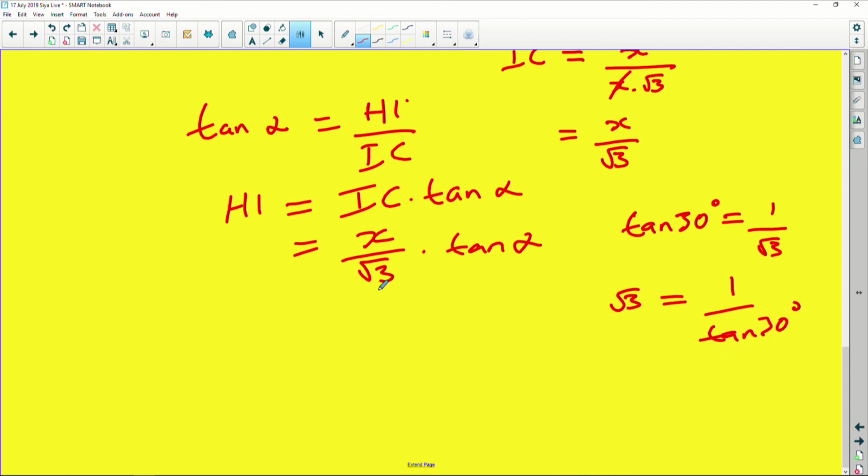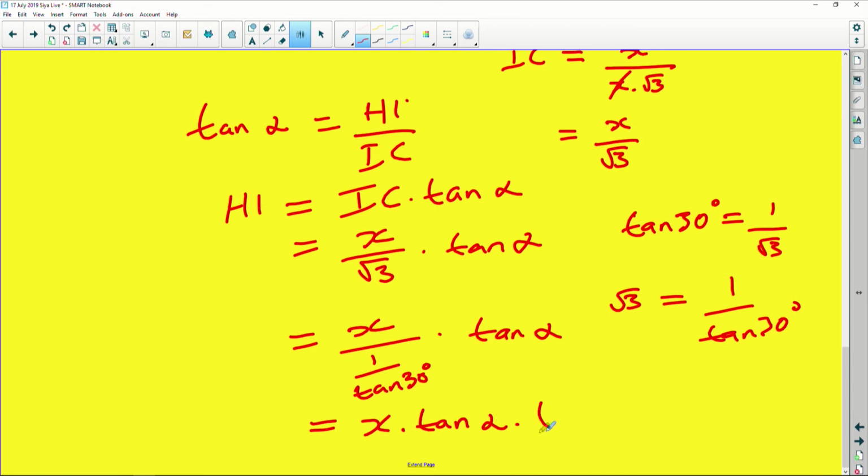So it is X over 1 over tan of 30 degrees multiplied by tan alpha. The reciprocal will be multiplied by tan 30. So it will be X times tan alpha times tan of 30 degrees.